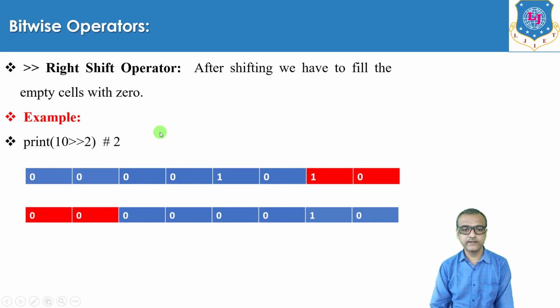What will be the output in that case? You have to divide 10 by 2 raised to 2. 2 raised to 2 is 4. So divide 10 by 4, that is 5 by 2. Divide 5 by 2, you will get 2.5, and consider only the int value. So that is 2. This is the shortcut technique to find out directly the result of right shift operators.